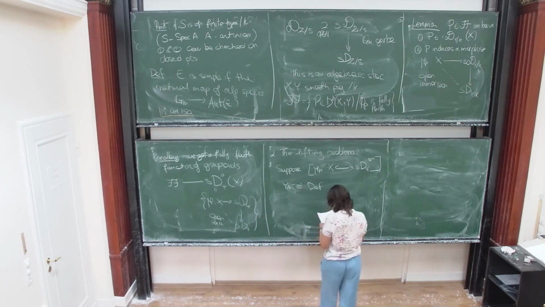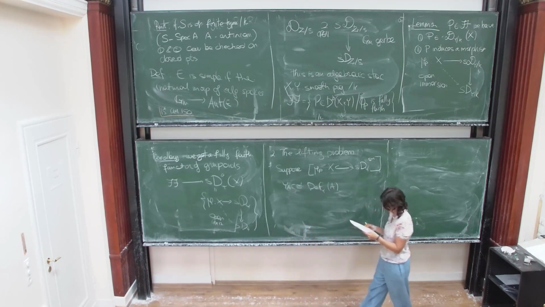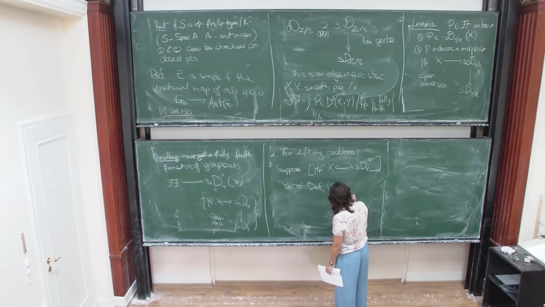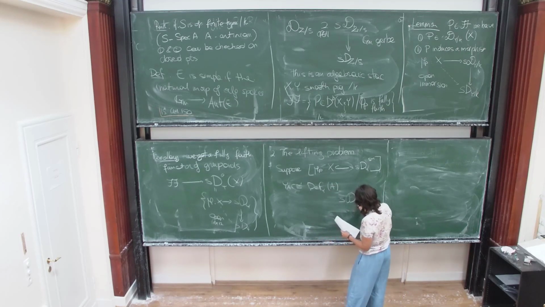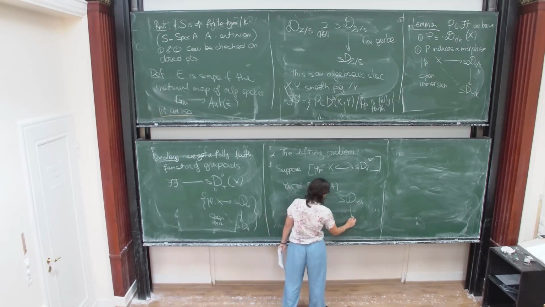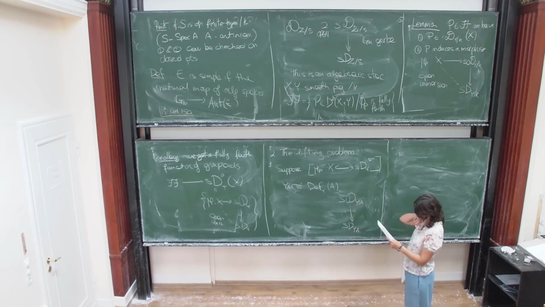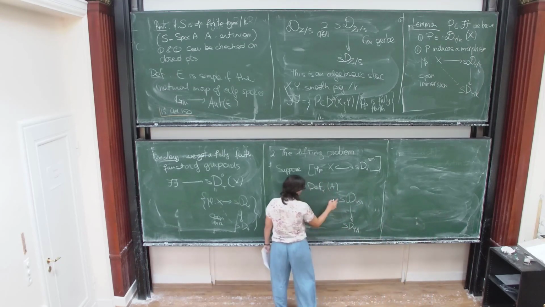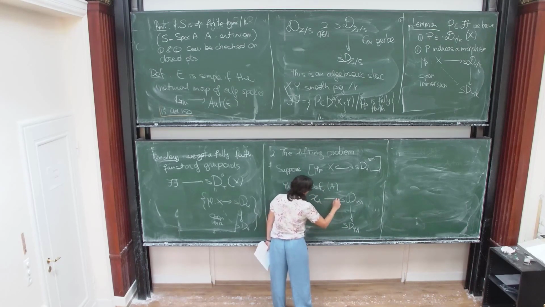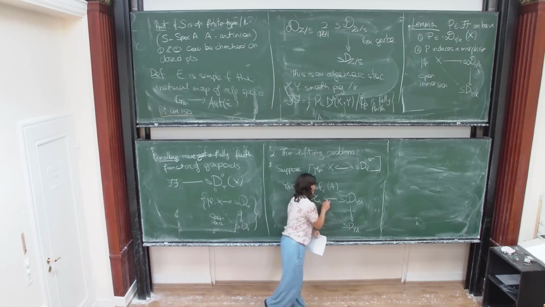And then what we do is, we have the curly Y, that leads to the coarse moduli space, and we can get a gerbe, a substack in here.